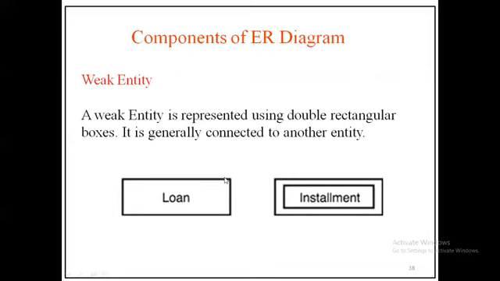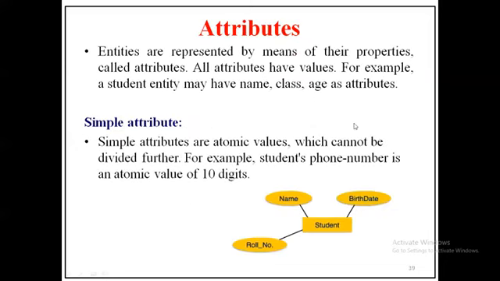Next, different types of attributes. Entities are represented by means of their properties called attributes. All attributes have values. For example, a student entity may have name, class, age as attributes. There are different types of attributes. Simple attribute: simple attributes are atomic values which cannot be divided further. For example, a student's phone number is an atomic value of 10 digits.